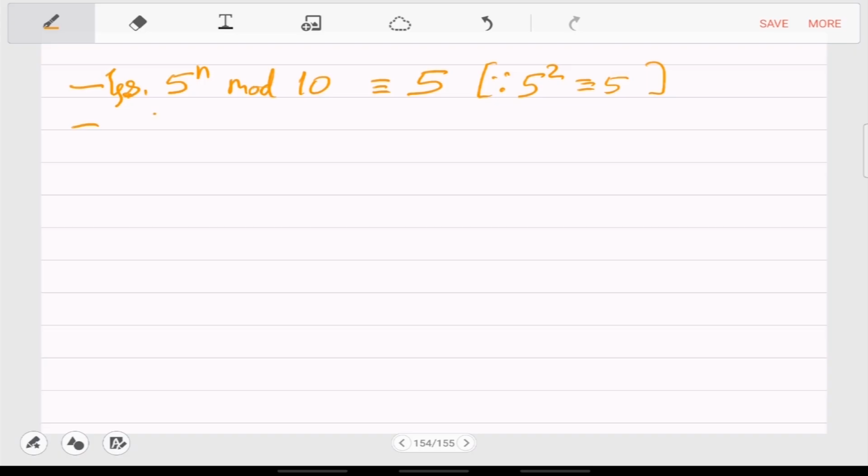Okay, so suppose n has these digits in base 10. So the decimal digits of n are x_r, x_{r-1}, ..., x_0. It's an r plus 1 digit number. So what is n mod 9?